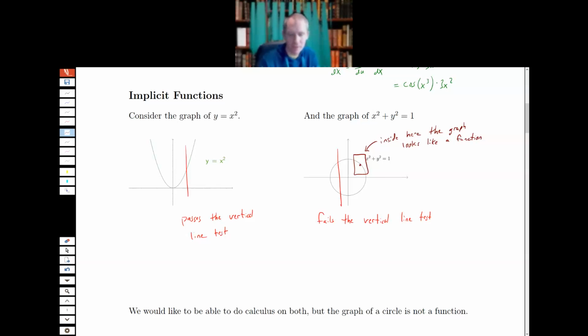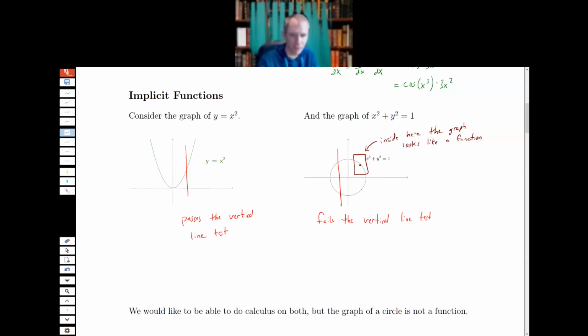So if I limited myself to just that piece of the graph, then I could think of this as being a function, and then I can do all my calculus stuff. And that's really the idea of an implicit function. If a graph looks like a function in a small space, then I can do calculus at that point, okay? And we could think of the calculus as moving around, right?